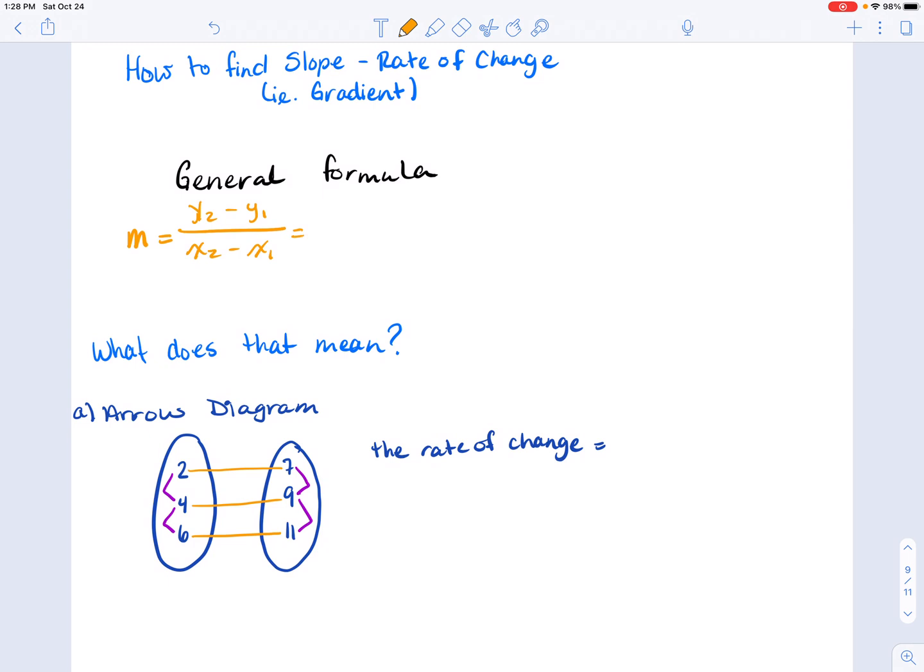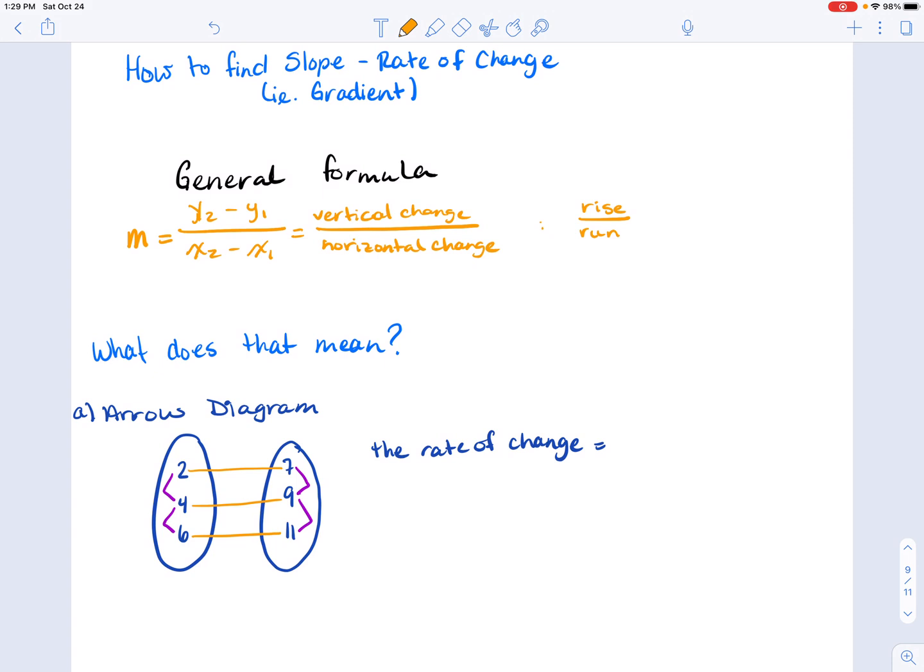Some refer to it as the vertical change divided by the horizontal change. Some people refer to it as rise divided by run.